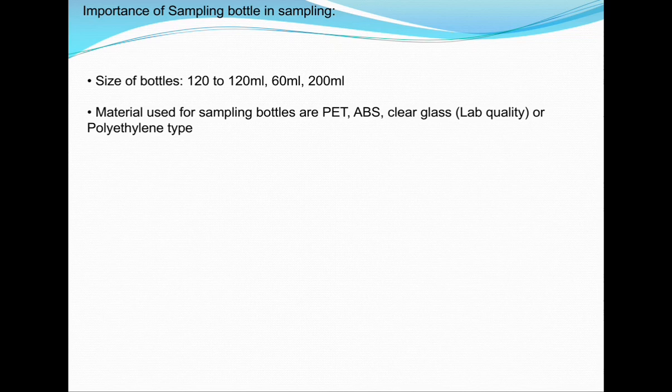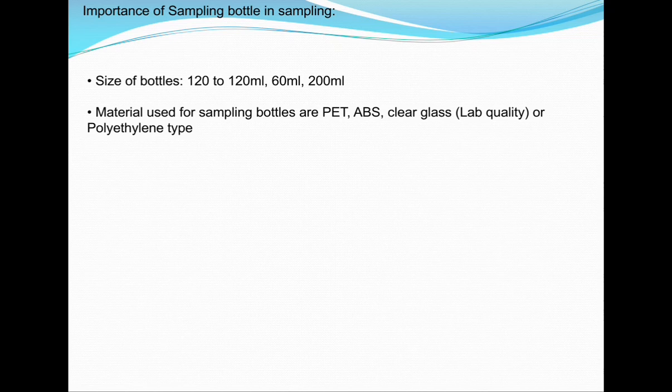PET type or ABS type plastic are used for oil at temperatures up to 93.3 degrees centigrade, that is approximately 200 degrees Fahrenheit. The best one is glass bottles, but there are so many limitations.